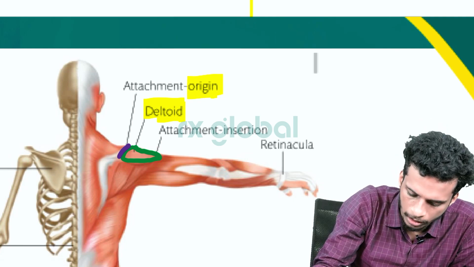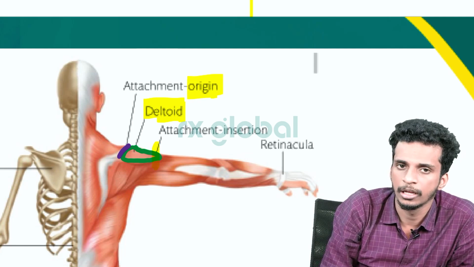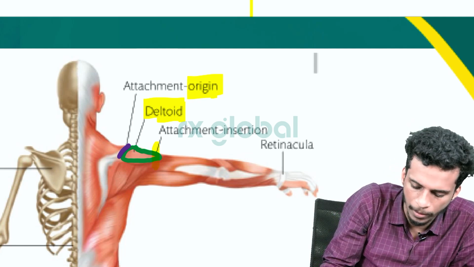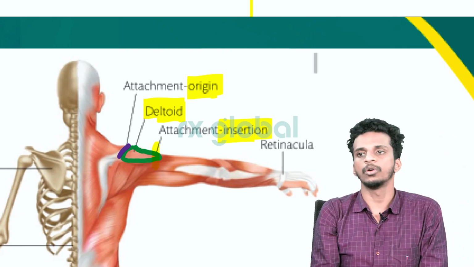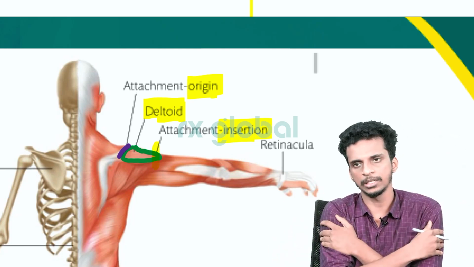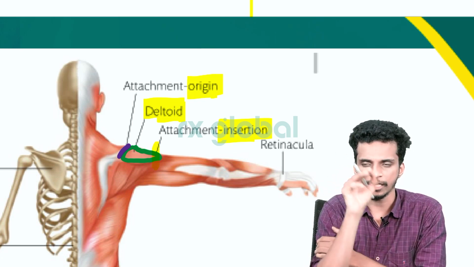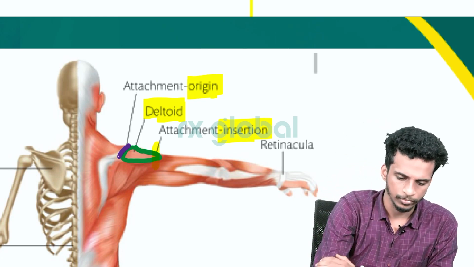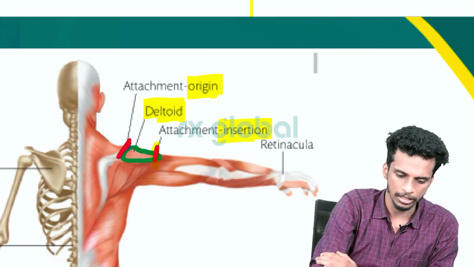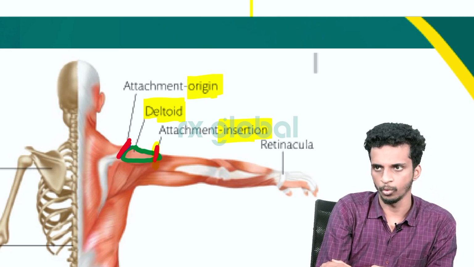The lower part, which is mobile, is called the insertion. Biceps we have already discussed. The deltoid is a muscle of the shoulder. Its origin is somewhere here and its insertion is somewhere here. So origin remains fixed and insertion is movable.